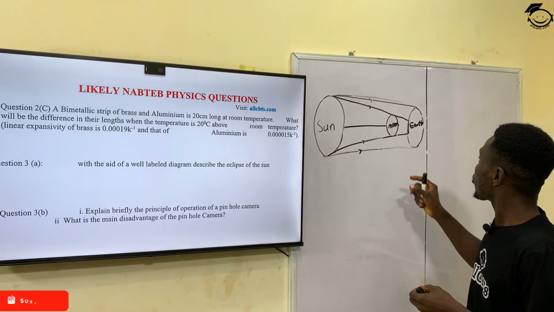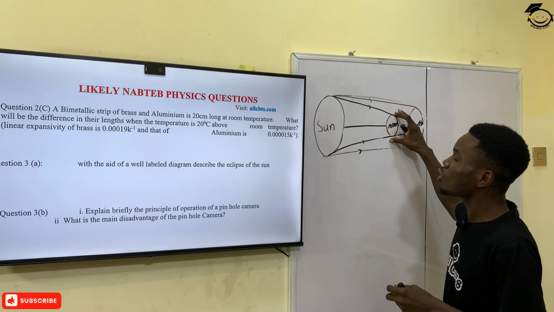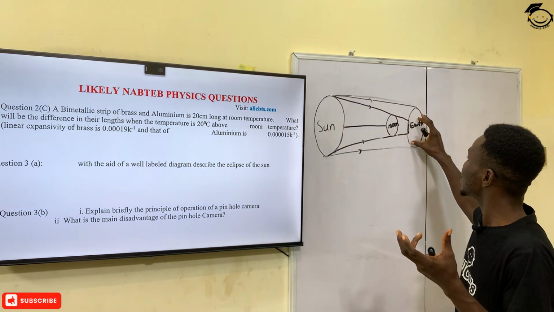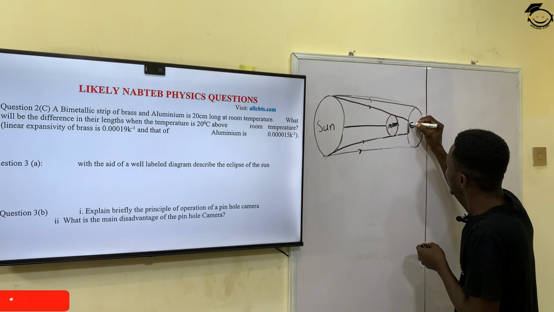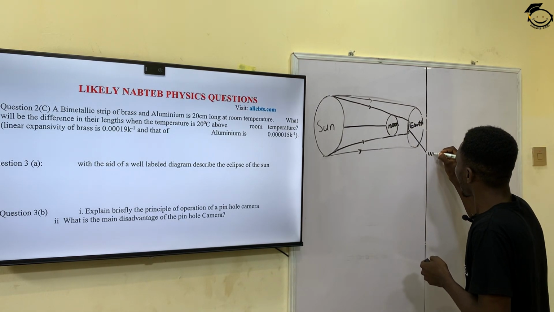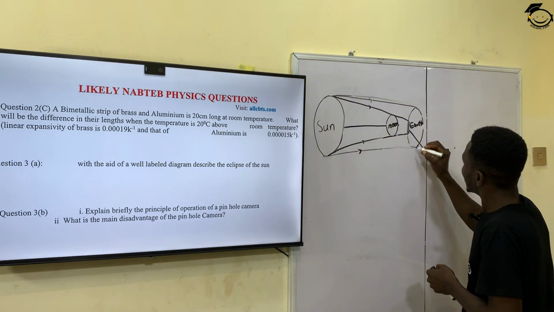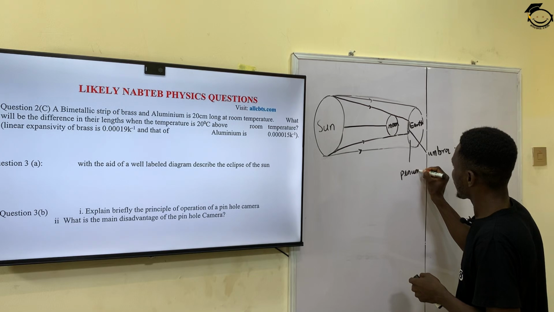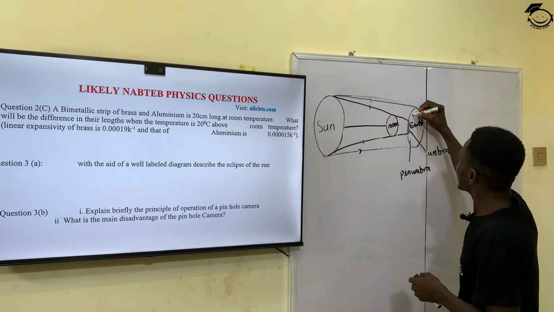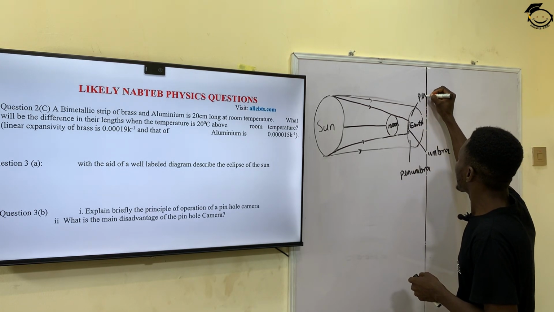And this happens when the moon blocks the ray of light from reaching the earth directly. So on this part here is the umbra. This is the umbra. While this part, we have the penumbra. This part will also have the penumbra.